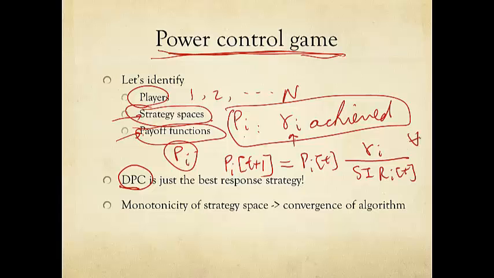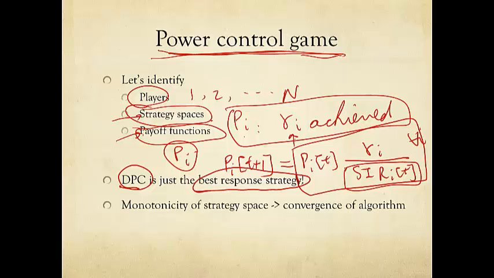And this goes on for all the users. This actually is the best response strategy in response to all the other players' strategies. Whatever they might be, they are reflected through the SIR value. And by changing my power level this way, changing my strategy this way to the next time slot, I'm basically executing the best response strategy.